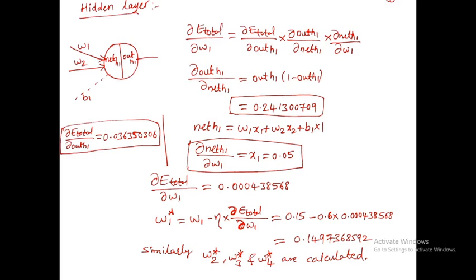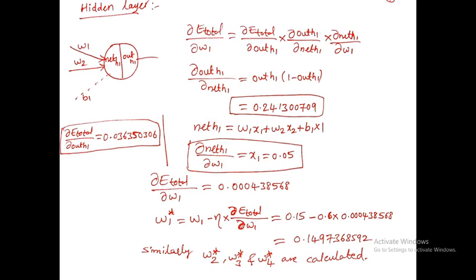That is nothing but W1* = W1 − eta × ∂E_total/∂W1. That minus eta into ∂E_total/∂W1 we got from the delta rule, as we have seen in the derivation. If you add that same term to the old weight, then you get the new weight W1*.